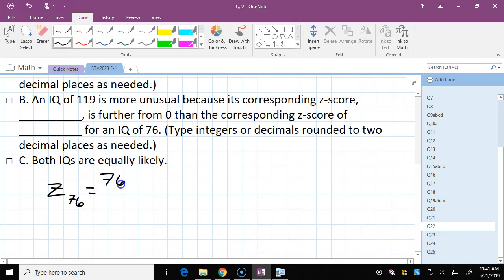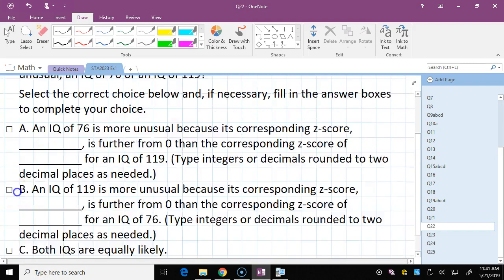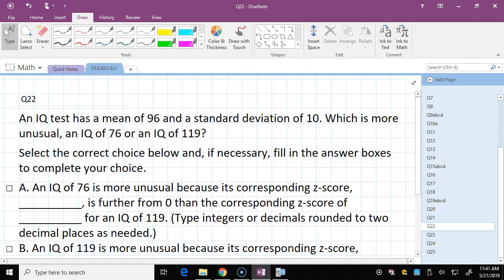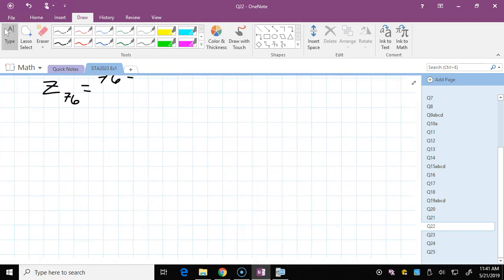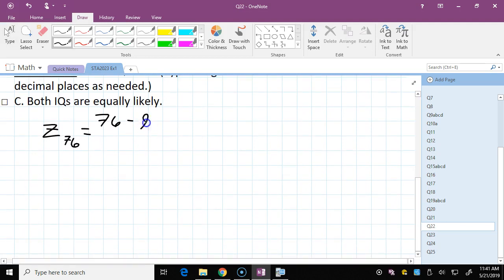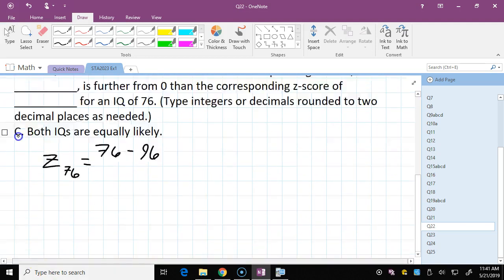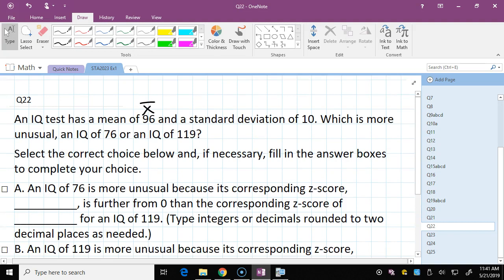We're going to take 76 minus, well, what's the mean? 96. They tell us right up here. Here's your x bar. So we're going to take 76 minus 96. And then we're going to divide that by, what's the standard deviation?